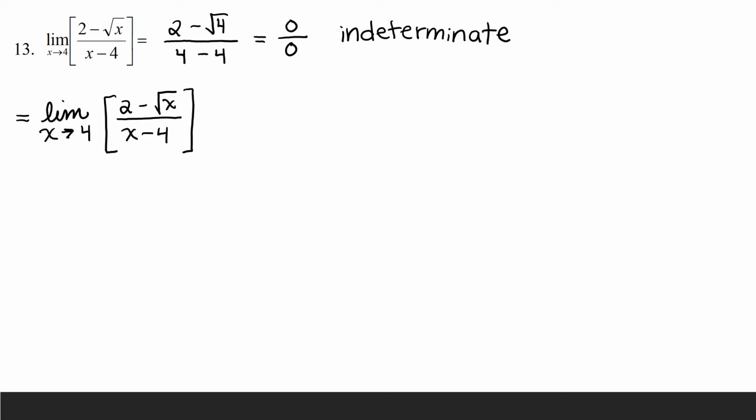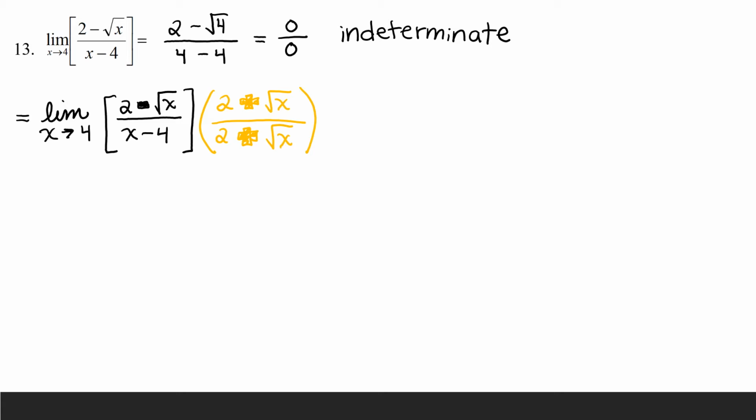And right now that is a 2 minus the square root of x, so its conjugate will be 2 plus the square root of x. So we have 2 plus the square root of x over 2 plus the square root of x, because if I multiply the numerator by something, I'm definitely multiplying the denominator by the same thing.